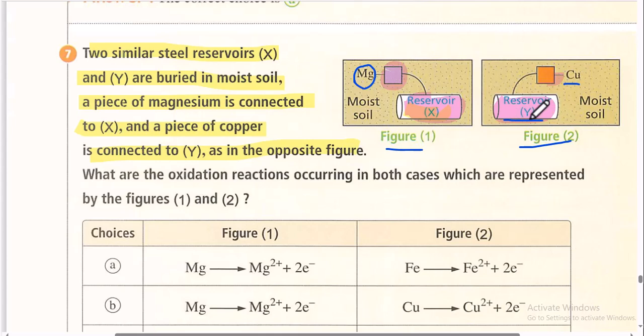Iron is more active, so it will be oxidized first, prior to the copper oxidation, as the oxidation potential of the iron is higher than that of the copper. In the second figure, iron will be oxidized. So here magnesium in the first case and iron in the second figure will be oxidized. So the correct answer is A.